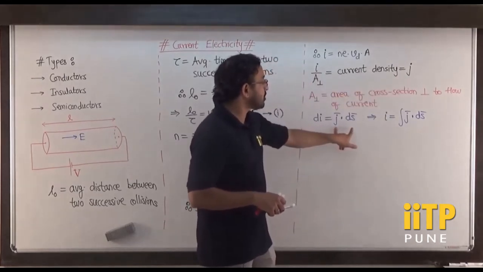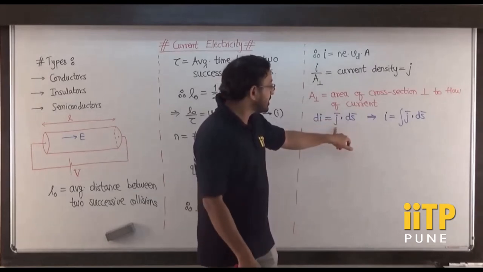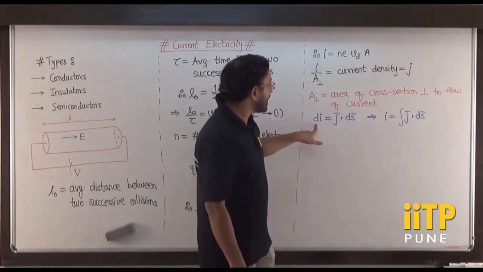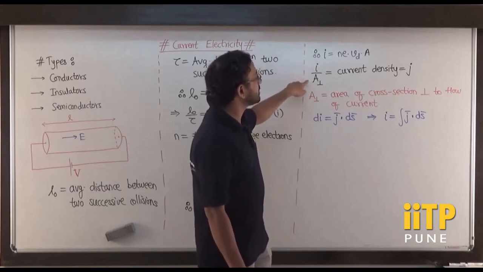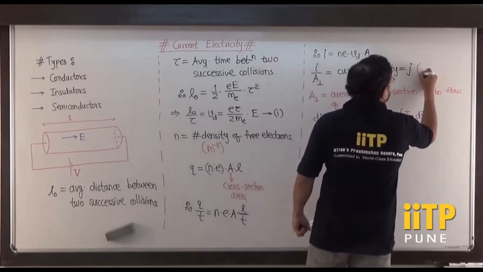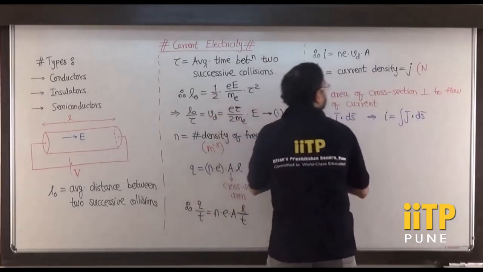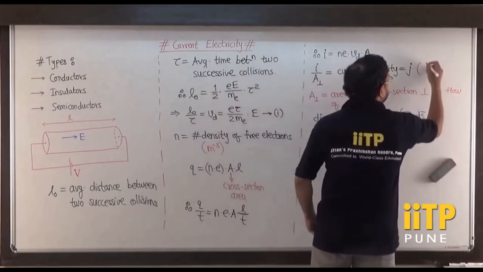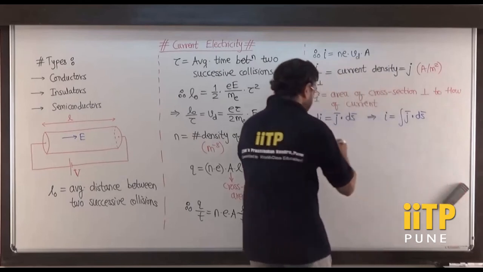When you do the dot product of the area through which the current is passing and J, that gives you I. In other words, I divided by the perpendicular area is the current density J. The SI unit of that quantity, as you can immediately see, is ampere per meter square.